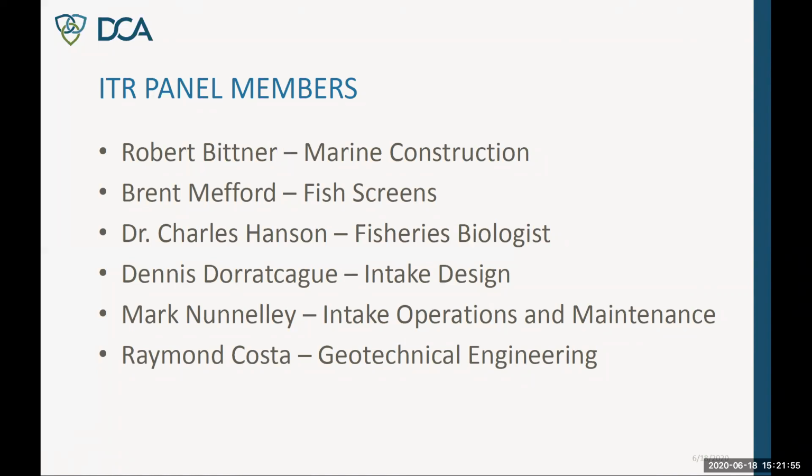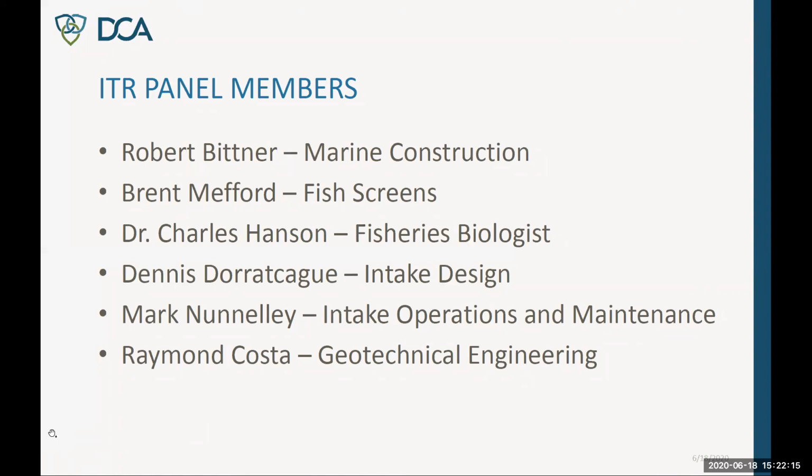I believe he's retired USBR. So he brought a perspective of lots of different projects. Dr. Hansen is a pretty well-known fisheries biologist working a lot in Central California. So he's got a very focused perspective on particularly what we're doing.